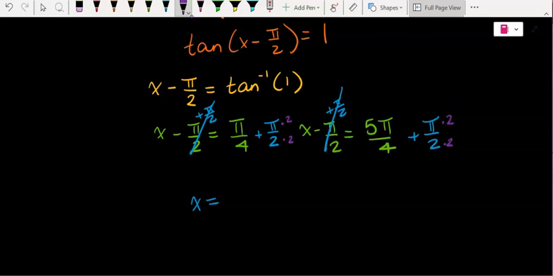So really I have pi over 4 plus 2 pi over 4, so that's going to get me 3 pi over 4. And then I'm going to do it again over here, and I have 5 pi over 4 plus 2 pi over 4, so that's going to get me 7 pi over 4. And that works. That's all I need to worry about here. Those are going to get me 2 solutions, and both of those are within 0 to 2 pi.